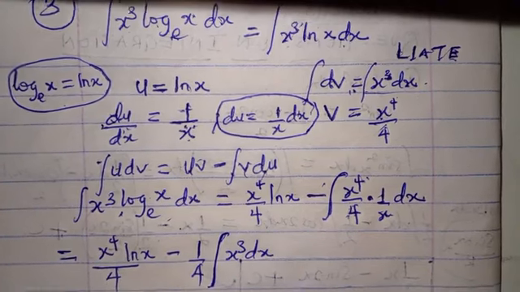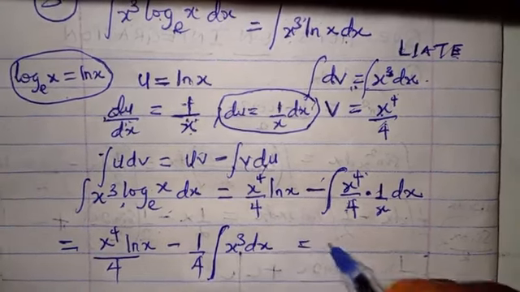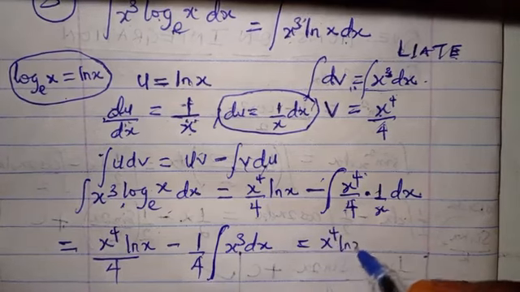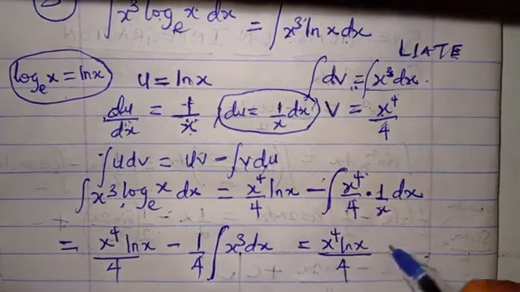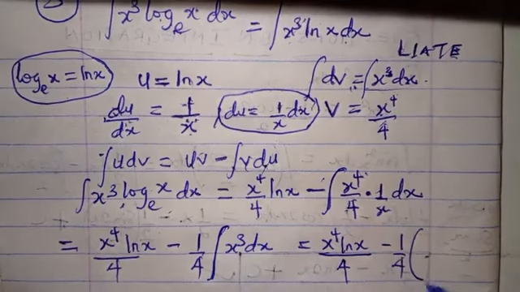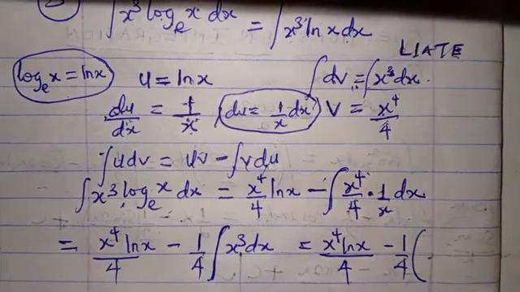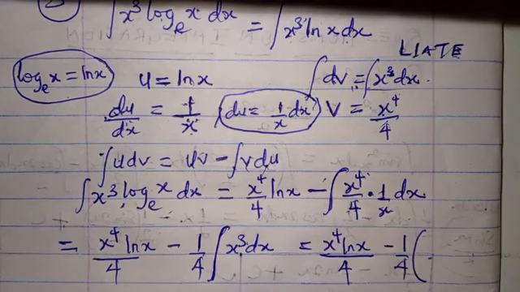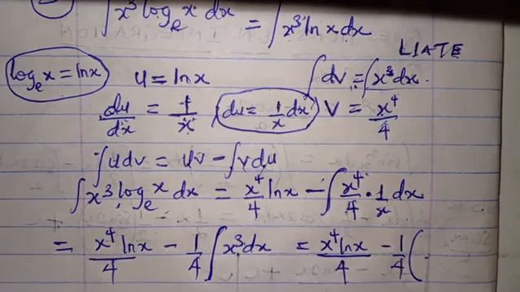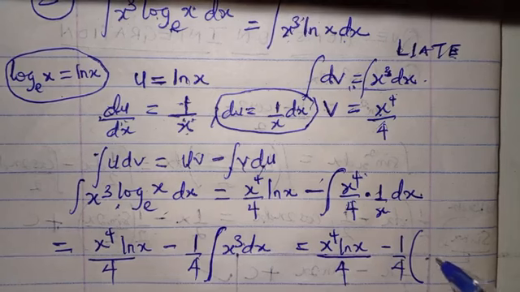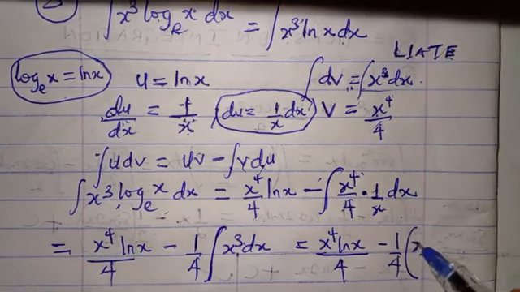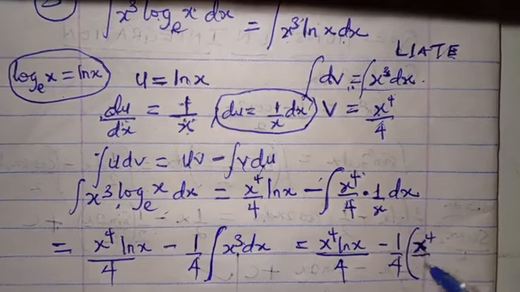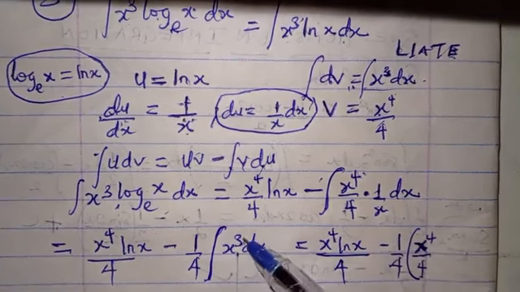Okay, so this is equal to x to the fourth ln x all over 4 minus 1 over 4. What is the integral of x cubed dx? Going by the principle of integration, add 1 to the power, then divide by the entire sum of that power. That will be x raised to the power 4 all over 4, because 3 plus 1 is 4.